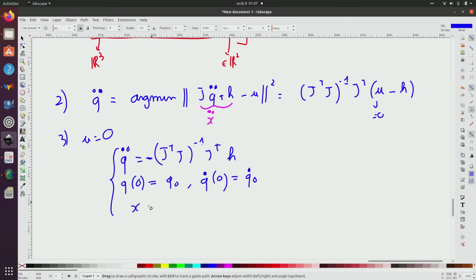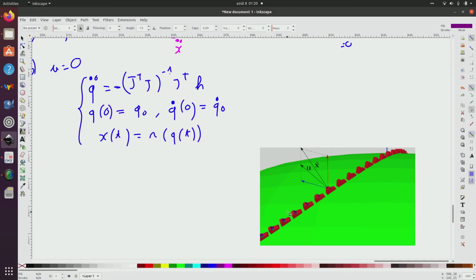And the geodesic is not on the Q space, it is on the X space. So I have X of t equal R of Q of t. Here I have an illustration of a geodesic. We can see on this picture that my car does not turn right, does not turn left, and the acceleration is probably in this direction, oriented toward the center of the manifold.